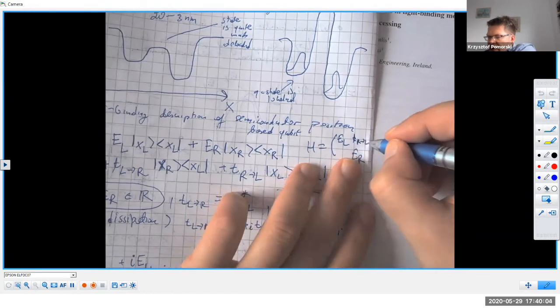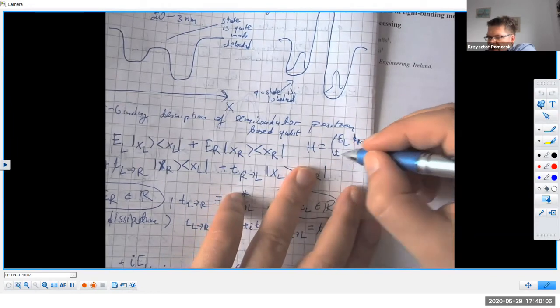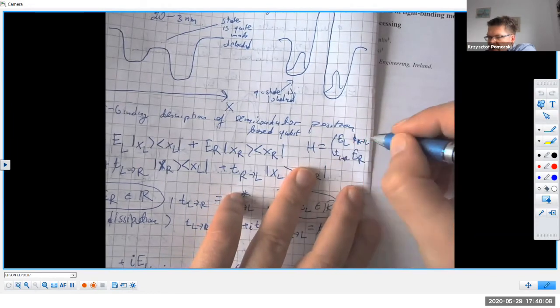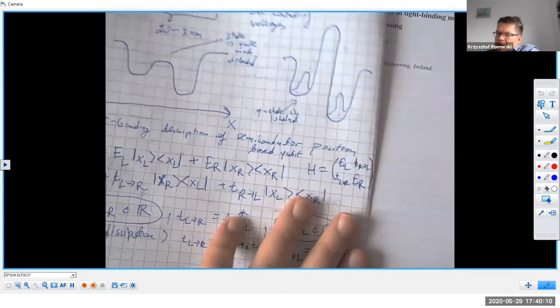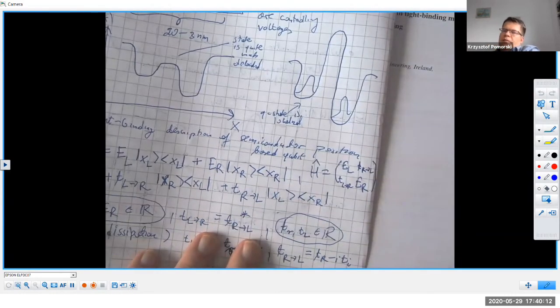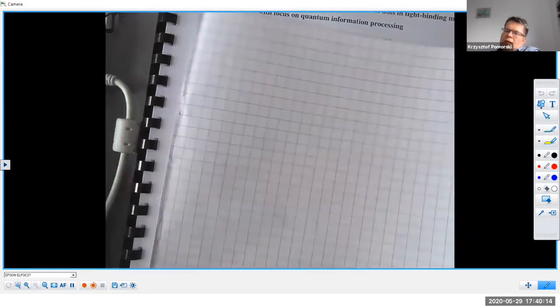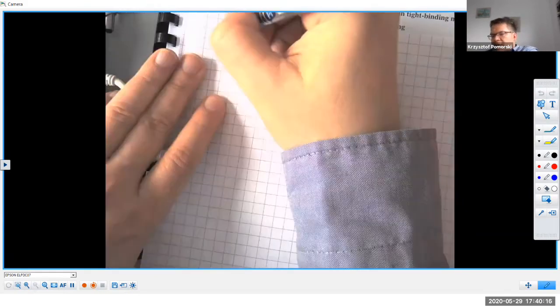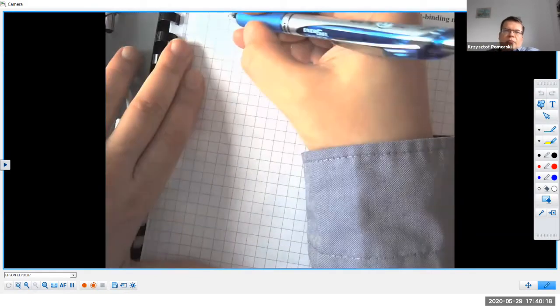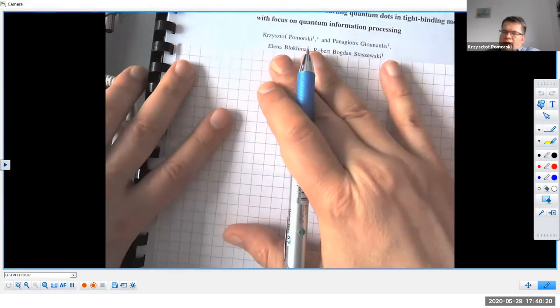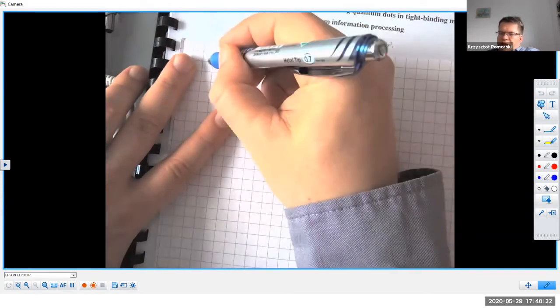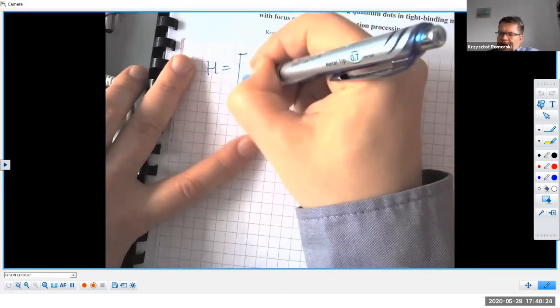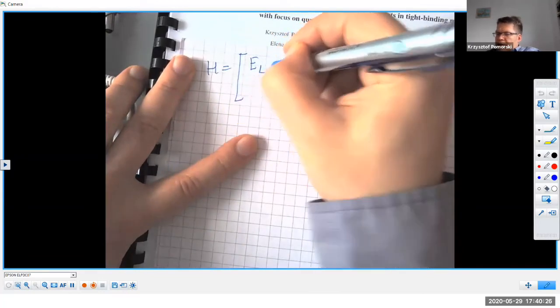RL, T L R. Okay, I will write it on the next page. It's such a Hamiltonian operator. So we are dealing with such a type of Hamiltonian, right?